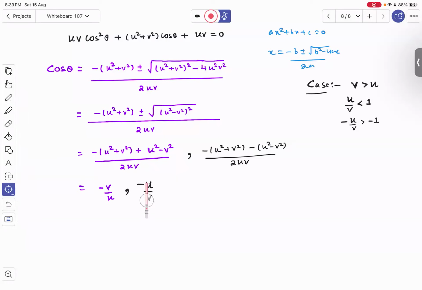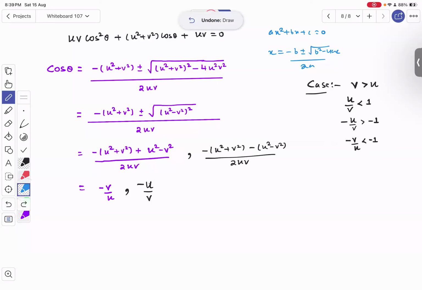And minus of V by U will be less than minus 1, no? So this one is not possible, correct? I hope you understood why it is not possible.